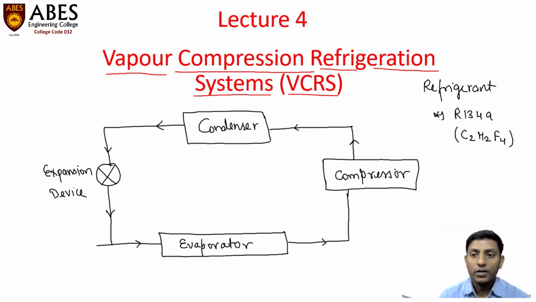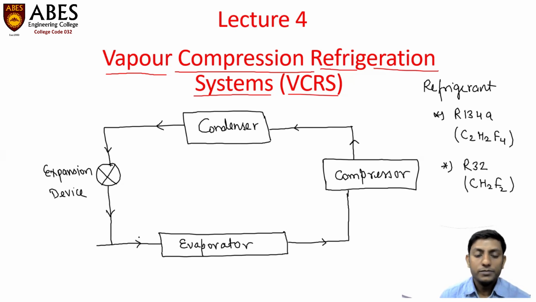I'm sure you must have heard about this. More recently, a new refrigerant is being utilized in all commercial devices, which is R32, CH2F2, difluoromethane. So these are the two most used refrigerants.